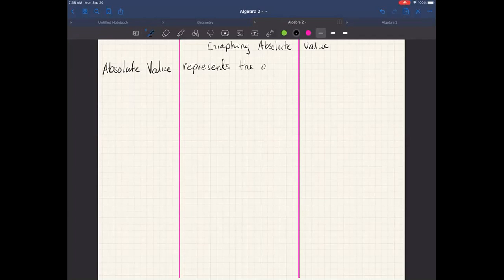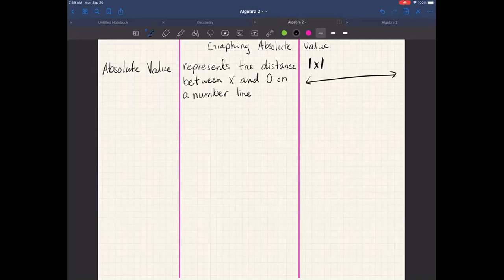The distance between x, so x is just some number, and 0 on a number line. So we know that that's written as x with the 2 bars, and we have our example. 0 is here.